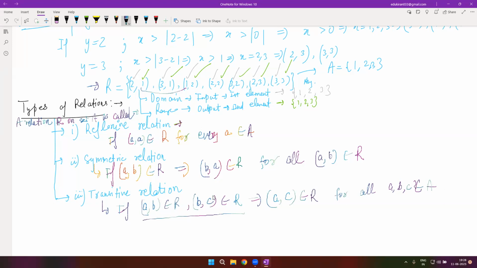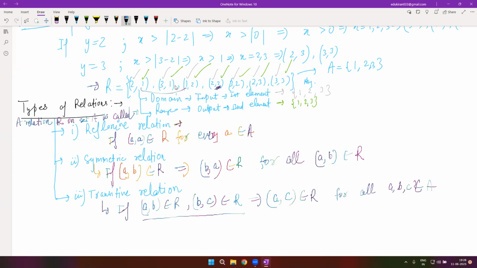Right? So if I start with 2, 1, I will first check whether there is any pair which starts from 1. And if there is one pair, then I will take the first element of the first pair and the second element of the second pair. So 2, 2, which is also present in the relation. This is here. So okay. Now I'm good. I will take another pair, 3, 1.